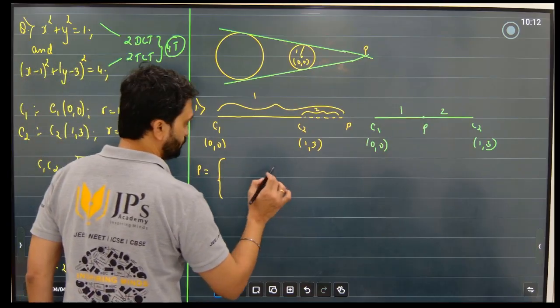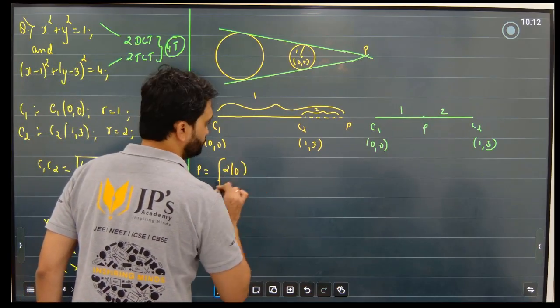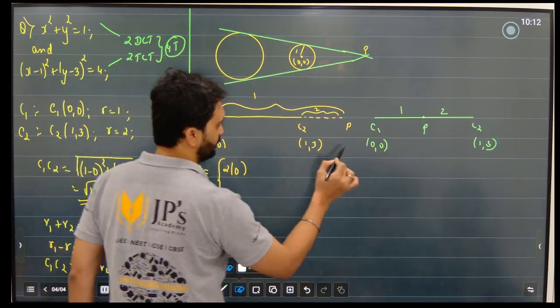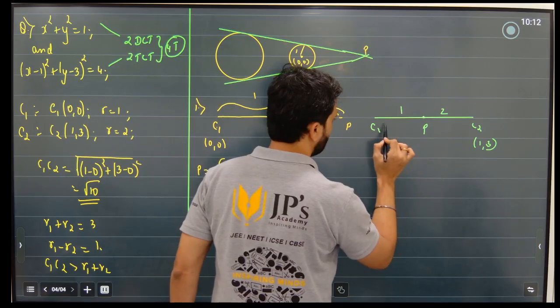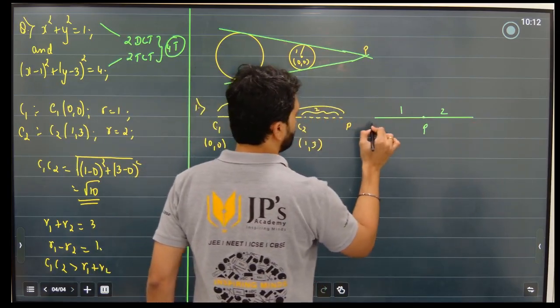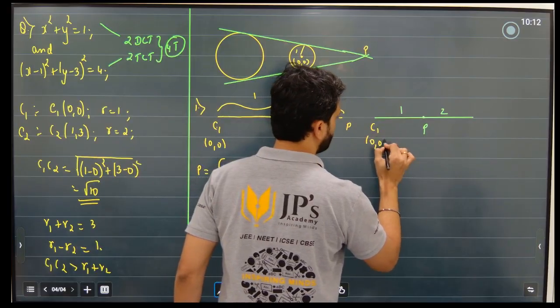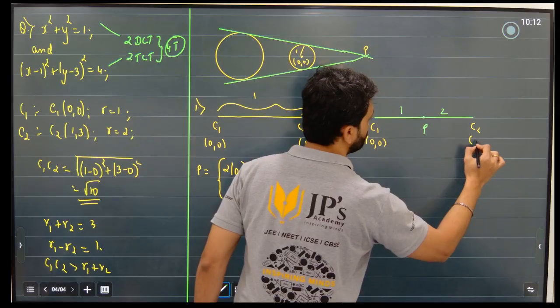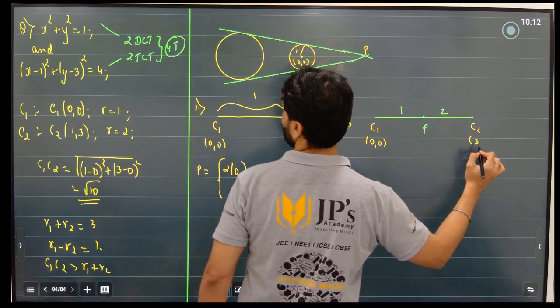So what I am going to do is, this will become 2 into 0. उल्टा बना मैंने. ठीक है. C1 0,0, my mistake. C2 1,3.